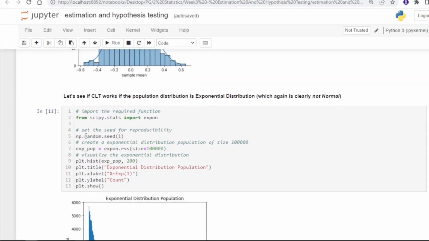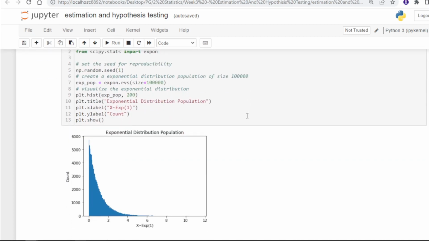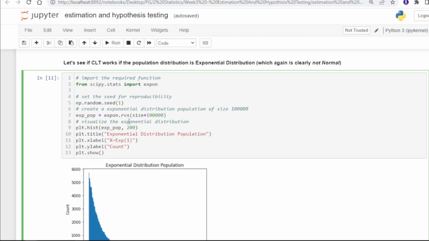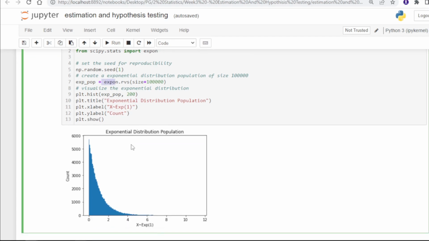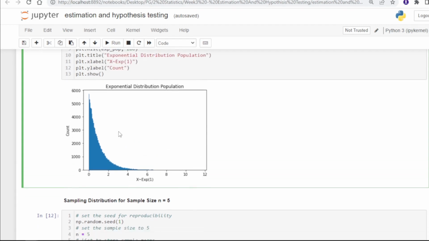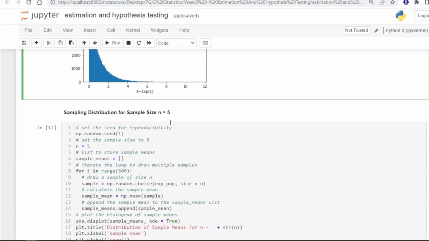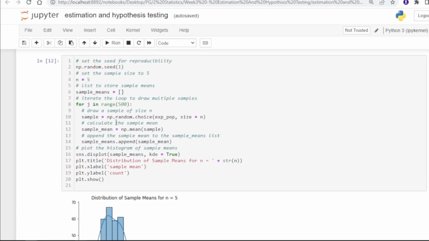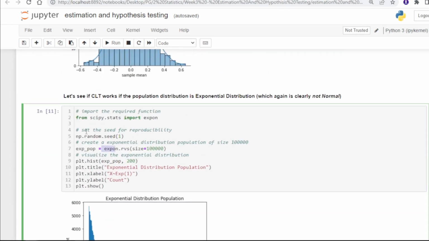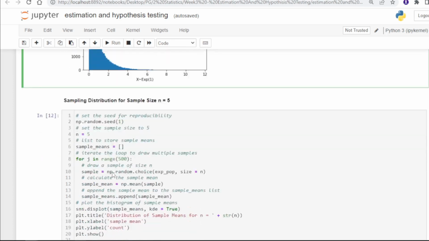Let's see if the CLT works if the population distribution is exponential, which again is clearly not normal. So how will it look if we use expon.rvs? You can see the whole thing changed this time. If n is 5, the code remains the same, only the values change, because here we get the values from this exponential population.